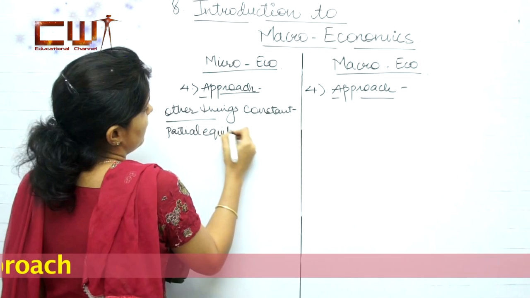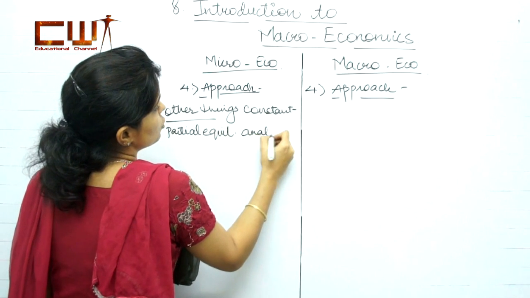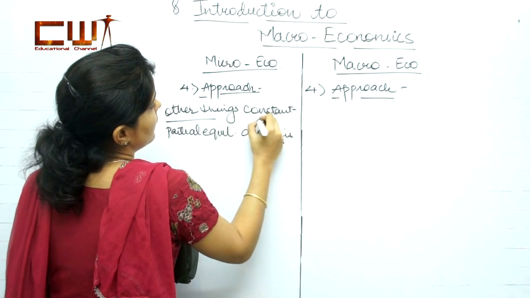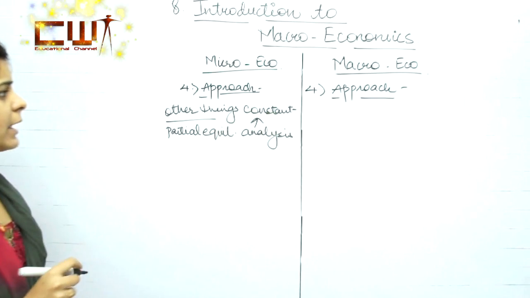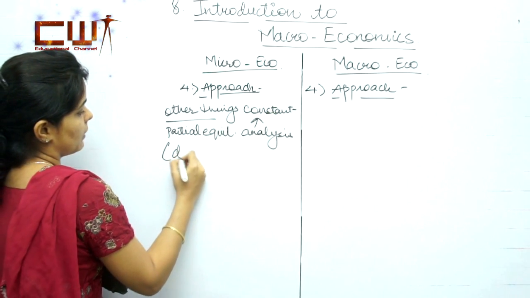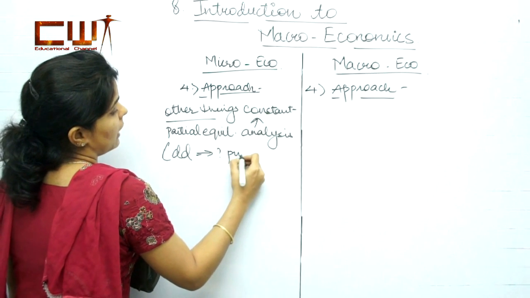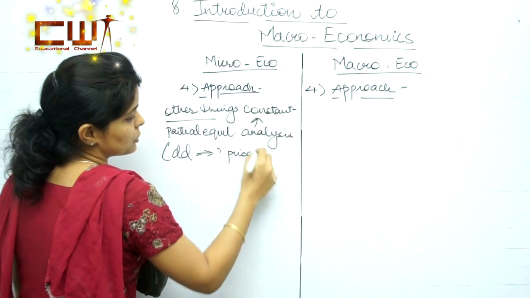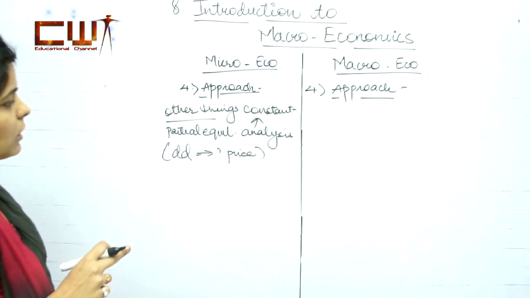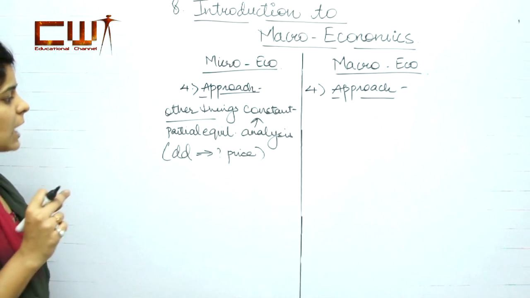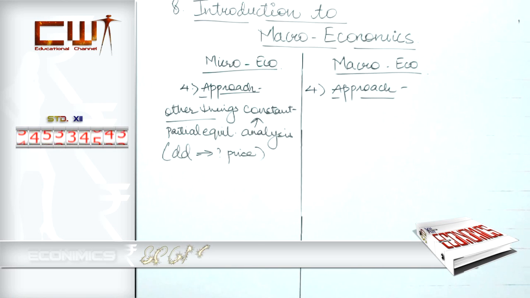Why partial equilibrium analysis? Because you are leaving many things constant. Suppose you study demand. Demand is affected by price. But what about the price of substitutes, income? They all remain constant. That is why the approach is studied through partial equilibrium analysis.